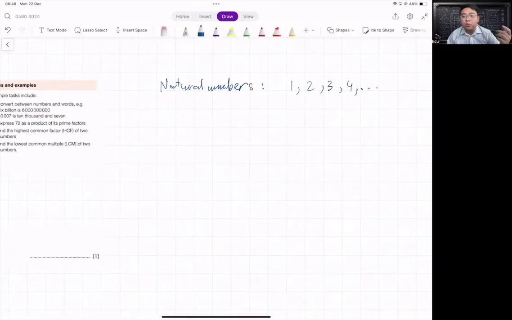Cambridge has not exactly defined whether zero is in the list or not. If you go to different syllabuses, you will see some syllabuses agree that zero is in the list, but some say that zero is not in the list. It is still up for debate, and Cambridge is not going to test you on whether zero is in the list or not, so you don't have to worry about it.